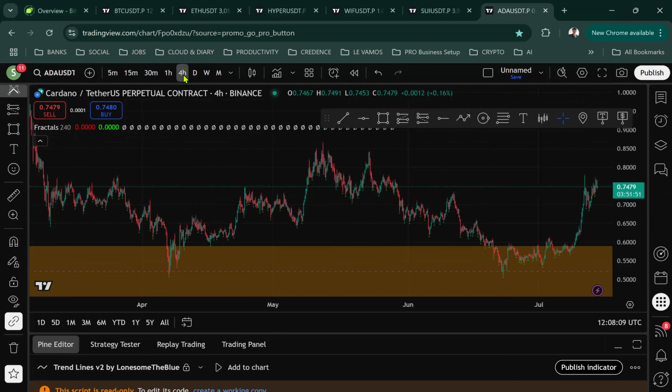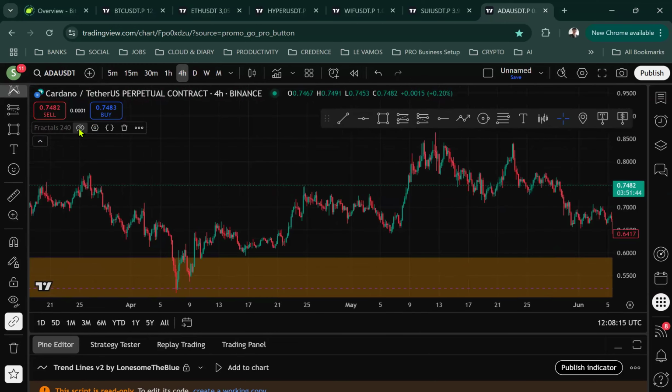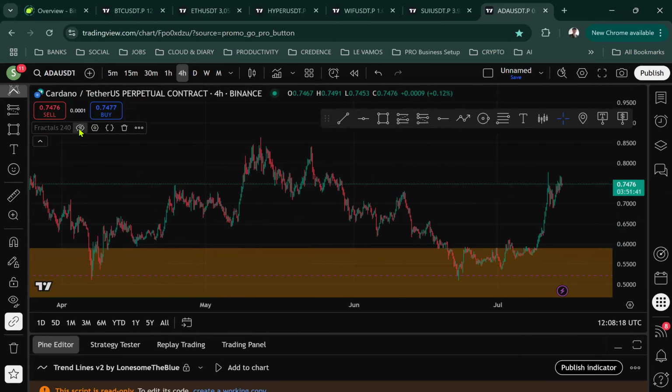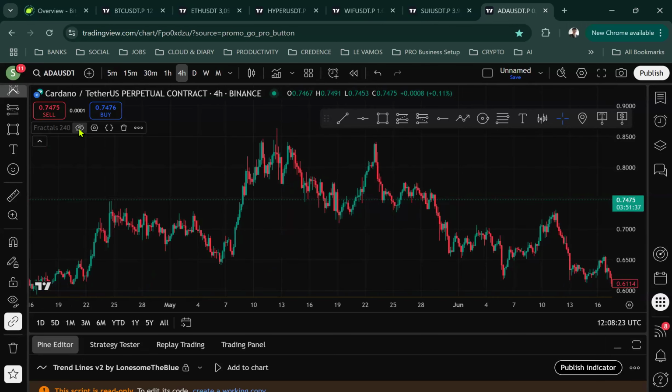So I will start from here. Let me off this. Here, first thing I have to identify key levels in the 4 hours chart as well.